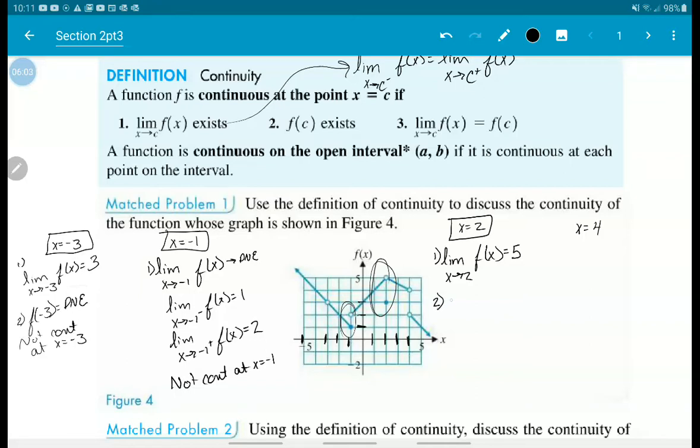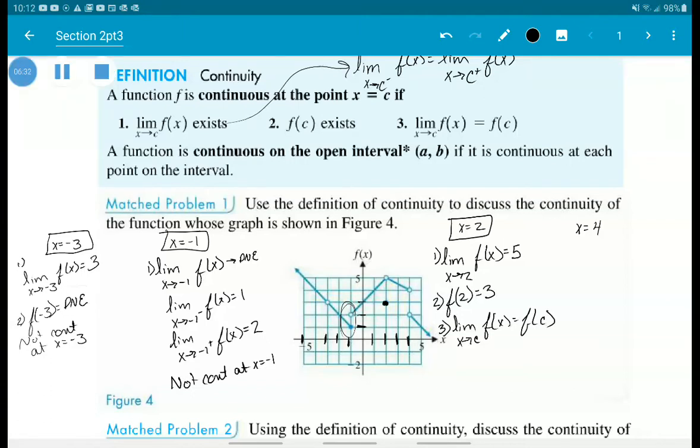The second part of the definition is looking at, does f of 2 exist? And the answer is yes. f of 2 exists. And in fact, f of 2 in this case is equal to 3. So the first two pieces of the definition are fine. Now let's look at the third one. Does the limit as x approaches c of f of x equal f of c?